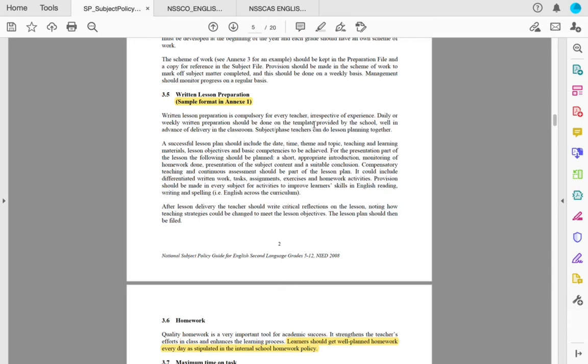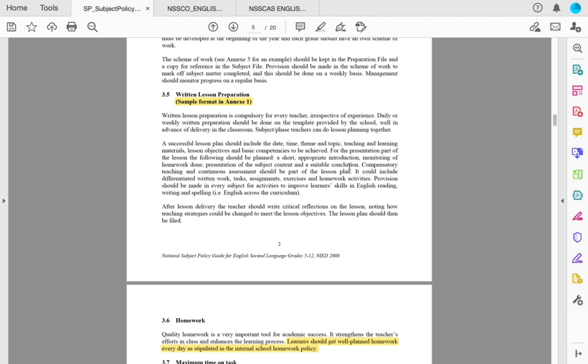The main components of the lesson plan: there should be a date, time, theme, topic, teaching and learning materials, learning objective, and basic competencies to be achieved. And when it comes to the presentation, it should have a short, appropriate introduction, then monitoring of the homework, presentation of the subject, and a conclusion.